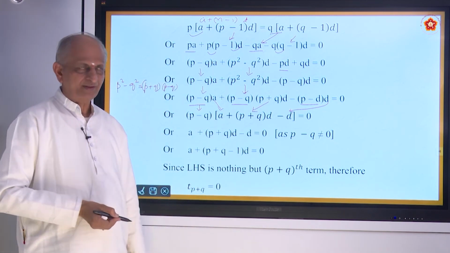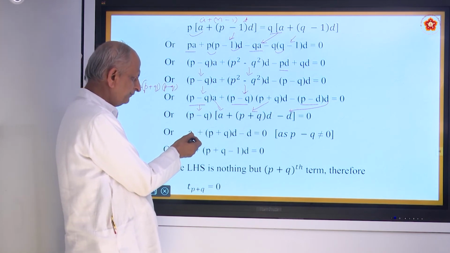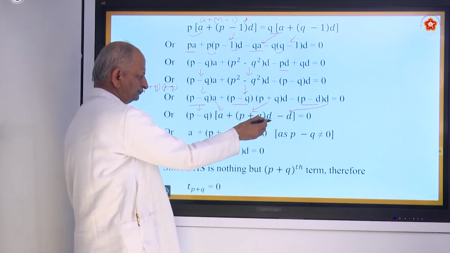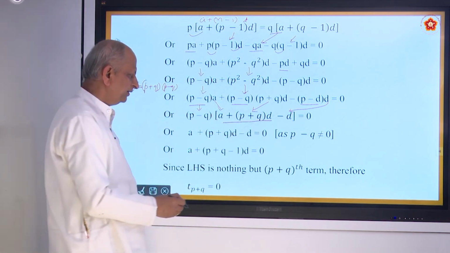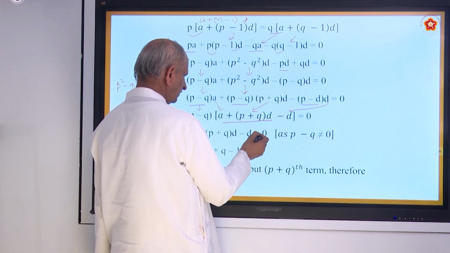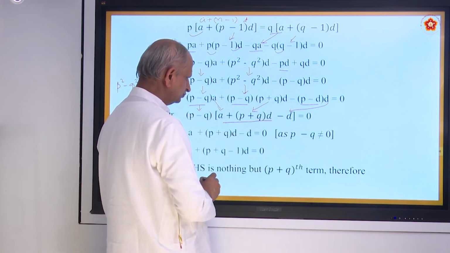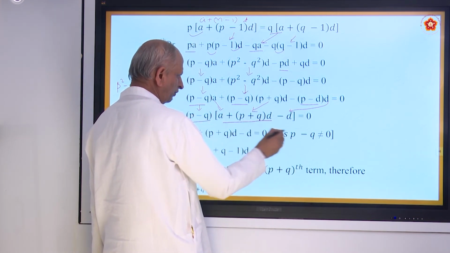Following? Super. So here A plus P plus Q into D minus D is equal to 0, because P minus Q is not equal to 0.